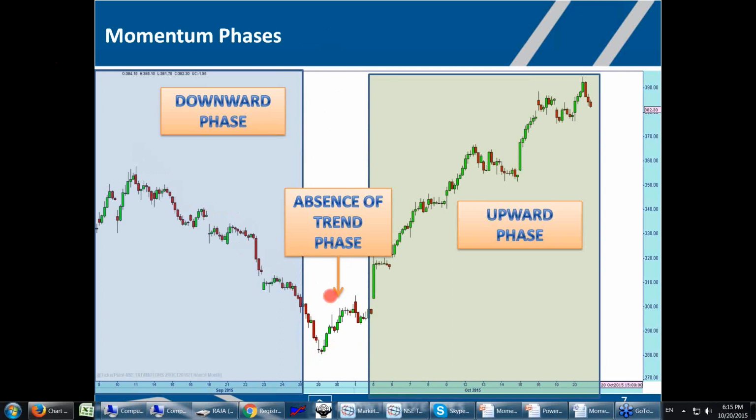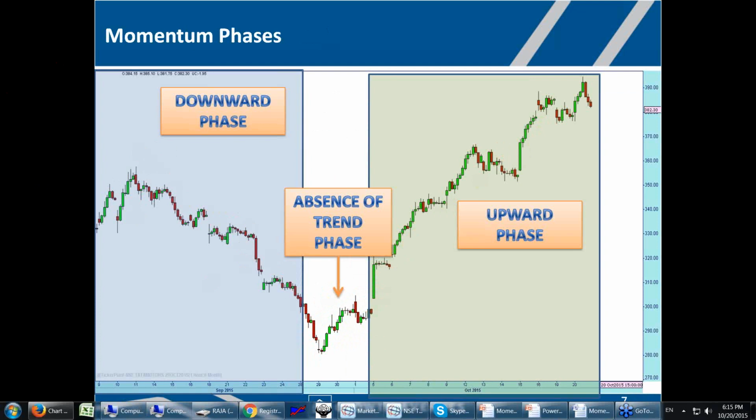Eventually, there was no interest in selling, and the selling was absorbed, and then the prices started rising. So what happened was this entire selling was absorbed because there was lack of participation on the downside, and then eventually you saw a 100-point rise.